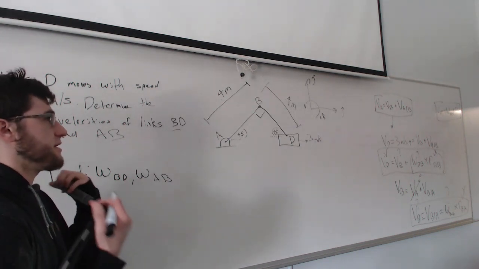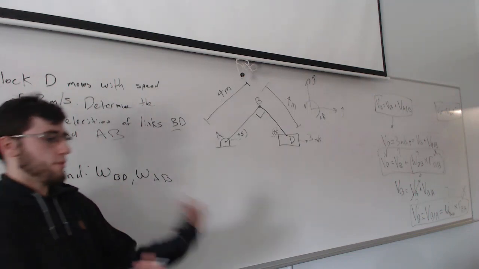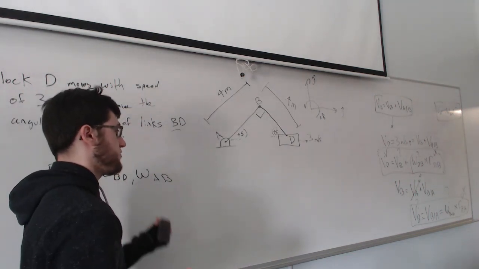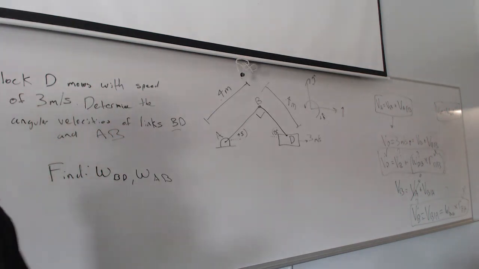That comes up all the time in dynamics. You come up with these equations, and then you find out you have more unknowns than equations, and you need to apply more methods to get more equations. So, instantaneous center of rotation.